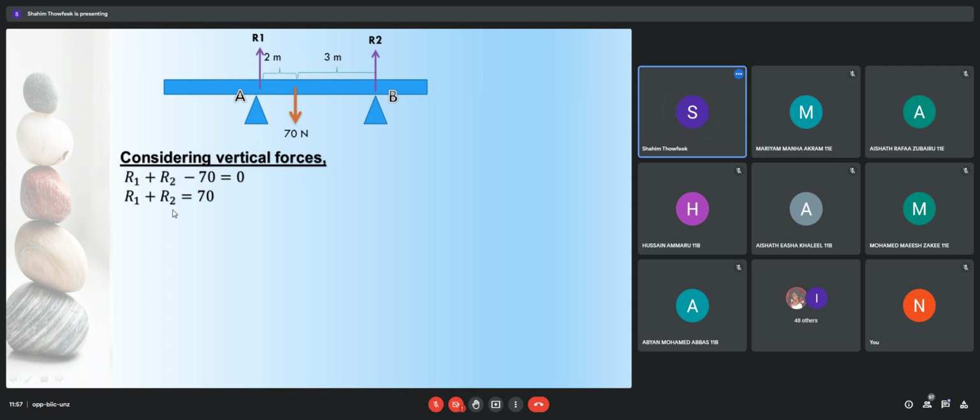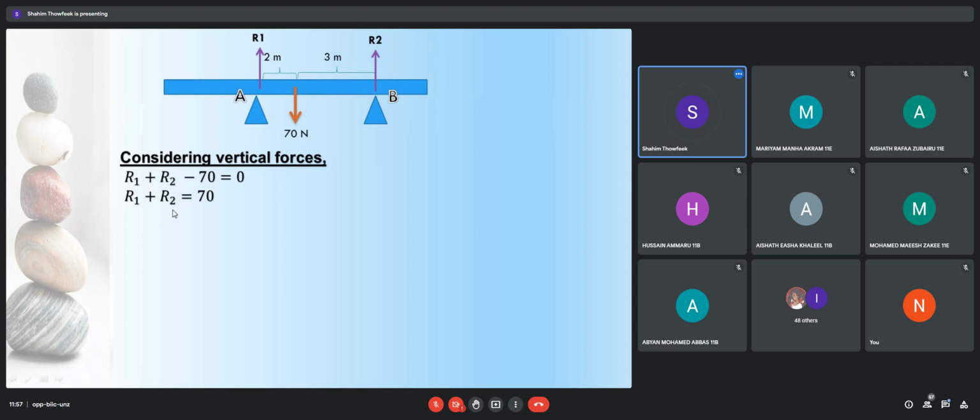Then only two forces to worry about: the weight and R2, the normal contact force at point B. Can I choose point B? Yes, of course you can choose point B and take moments. Then from R2 there are no moments, only moments from the 70 newtons weight and R1, the normal contact force at point A.